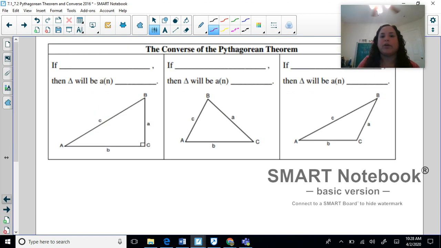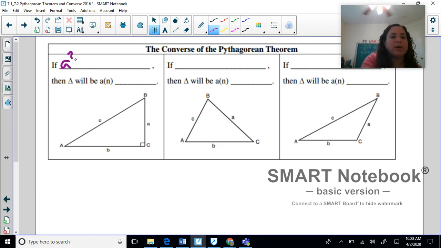Here we have the converse of the Pythagorean theorem. The converse states that a triangle is a right triangle if the Pythagorean theorem holds.